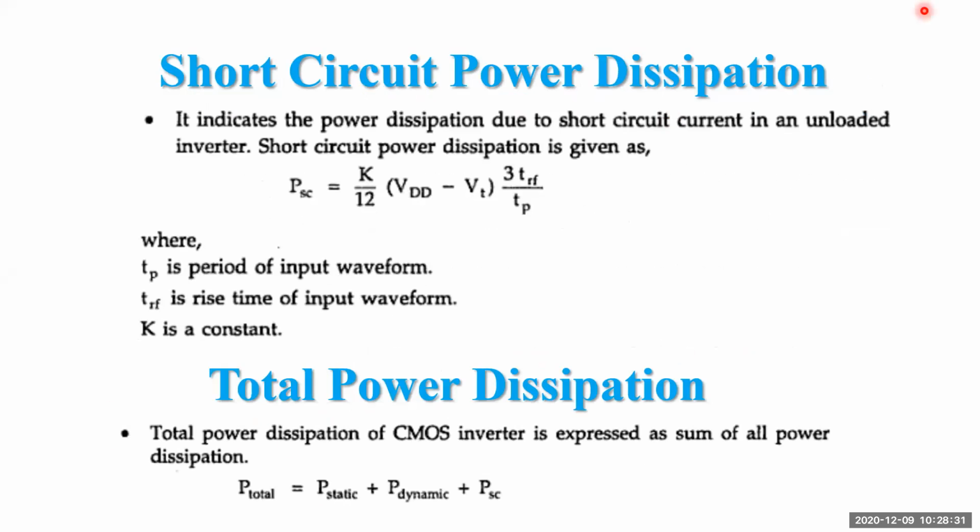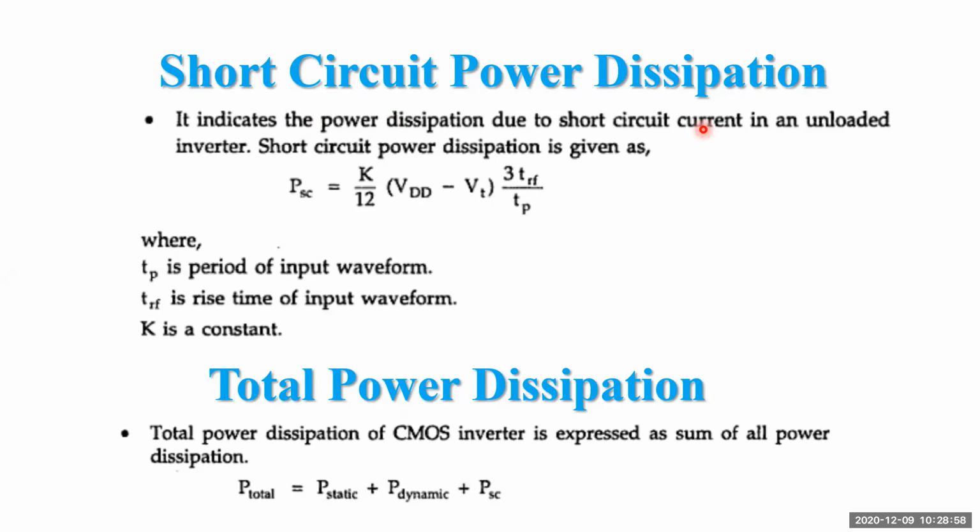The next kind of power dissipation here is the short circuit power dissipation. What do we mean by short circuit? Whenever an inverter is switching from logic 0 to logic 1 state, for a very small interval of time, both the transistors will be in on state.